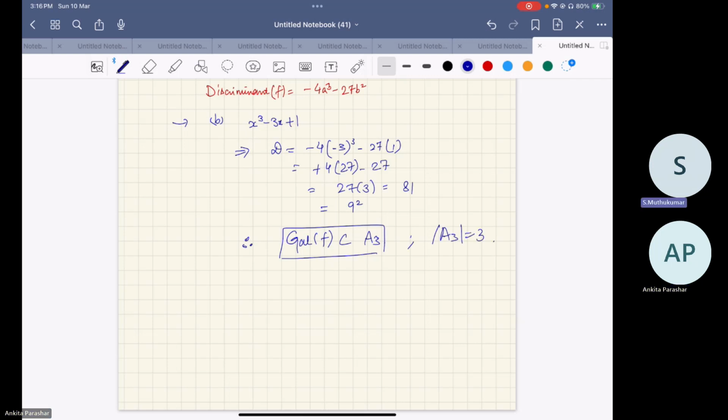Now we can find the dimension of K over Q. If the Galois group is contained in A3, then its order is less than or equal to 3. Do you agree? So the question is whether equality occurs or not.